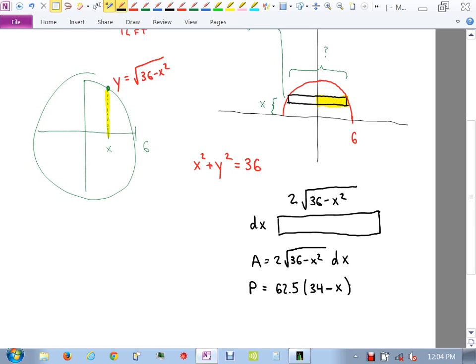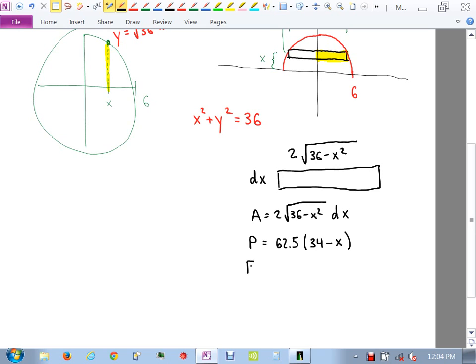You ready for the force? The force on that strip is 62.5 times 34 minus x times 2 times the square root of 36 minus x squared dx. That's the force on that arbitrary rectangle.